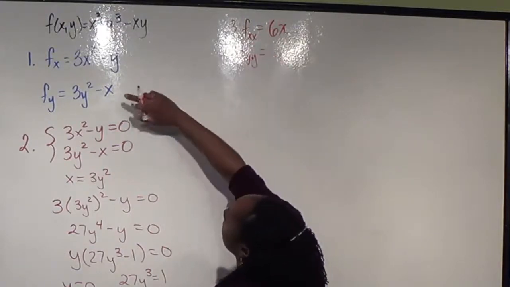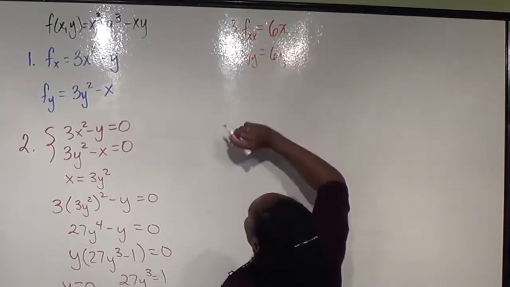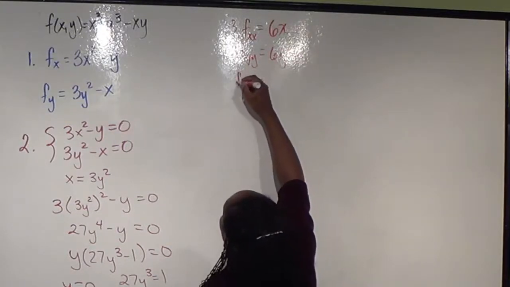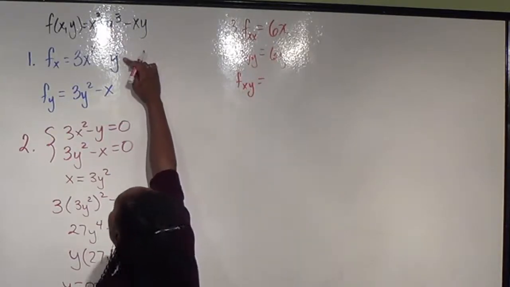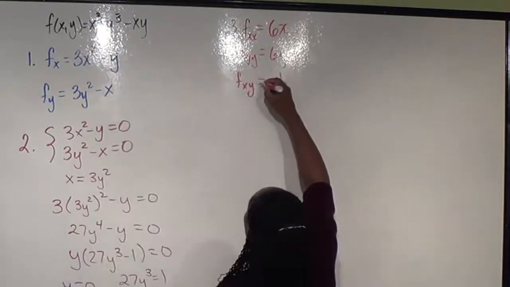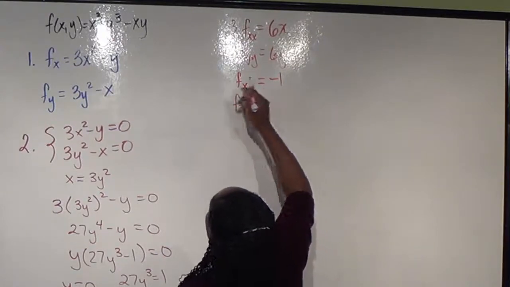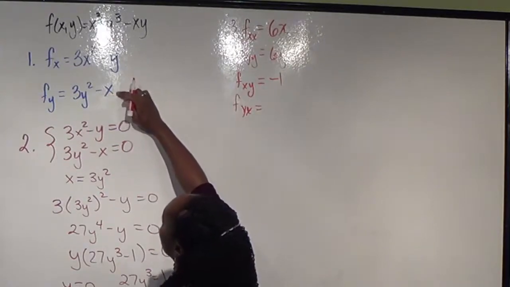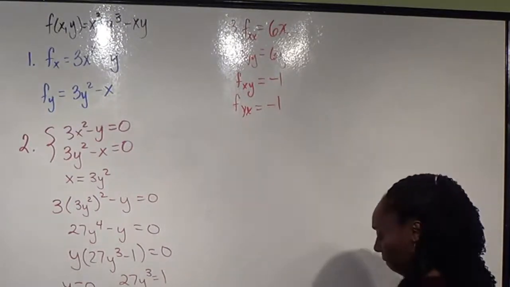Fyy says I'm taking the derivative of this with respect to y, which just looks like 6y. Fxy says I'm taking the derivative of this with respect to y. That goes to 0, so that's just going to be -1. And fyx says I'm taking the derivative of this with respect to x, which again is just -1.